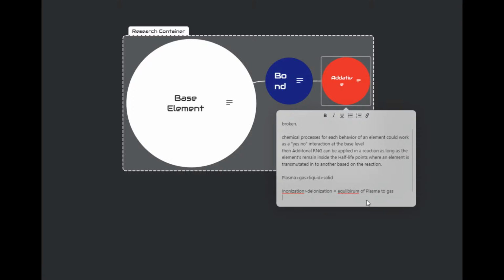But I'm also working like, again, everything can be consumed by plasma. So solid, gas, liquid are absorbed into plasma. Liquid and solid are absorbed into gas, so it goes inside. So a solid can go in a liquid, but it can go inside gas and can go in plasma.